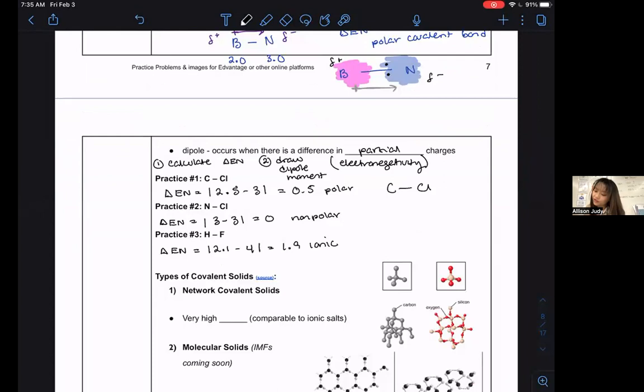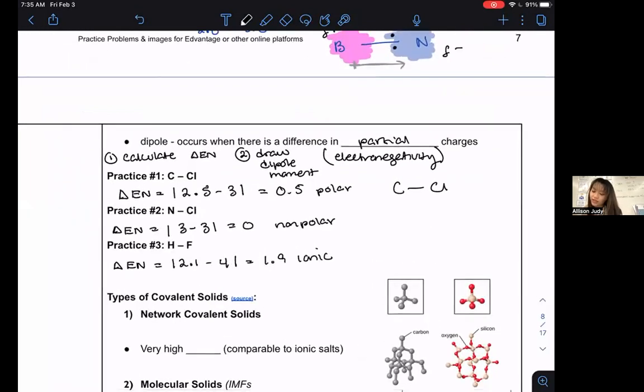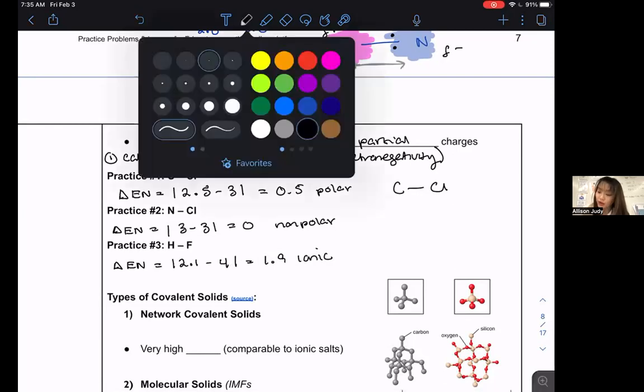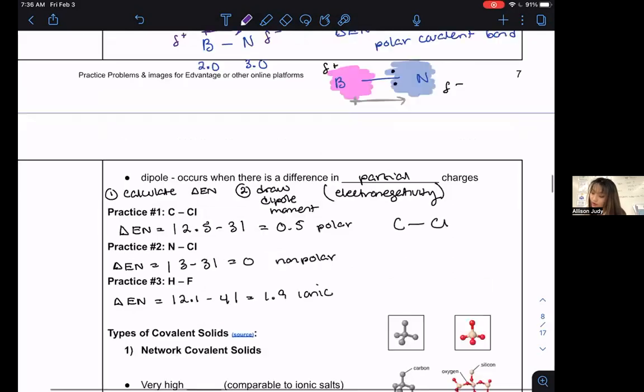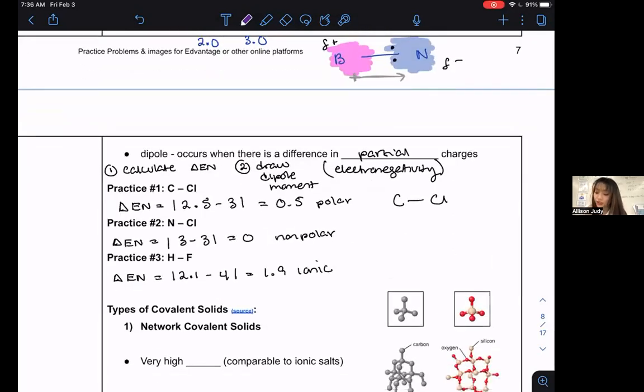All right, so you should have gotten the following. For the first one, a bond between carbon and chlorine, the absolute value of the electronegativity difference according to the Pauling scale is 0.5, which would qualify it as polar. So that means we can draw a dipole arrow or a dipole moment showing there's a separation of partial charge.